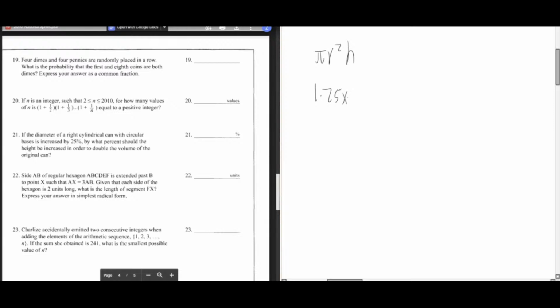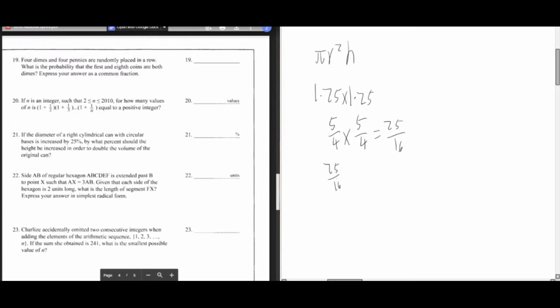So 1.25 times 1.25. Let's put this in fractions, it makes it a little easier to work with. So 5 fourths squared, you get 25/16. So just by increasing the diameter, you're multiplying the volume by 25/16.